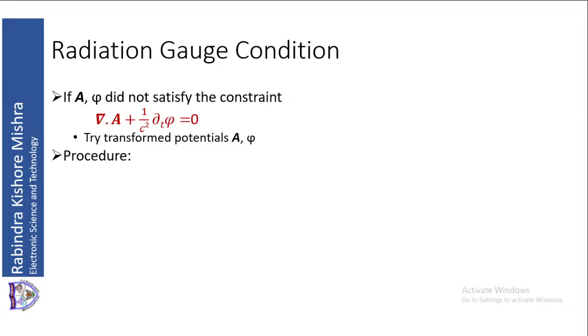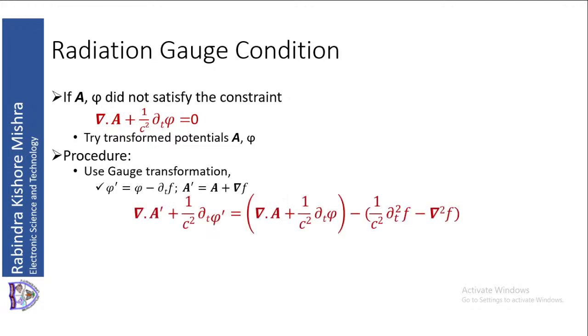The procedure for transformation is this. Use the gauge transformation that we have defined. The gauge transformation is phi dash is equal to phi minus dot t f, A dash is equal to A plus grad f.